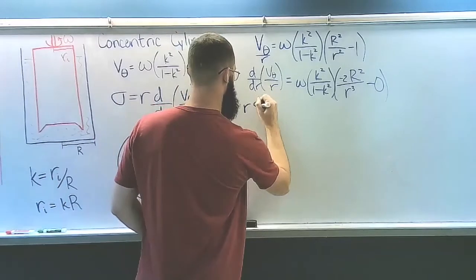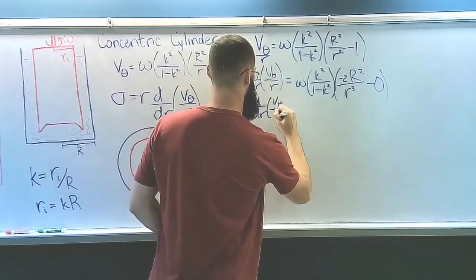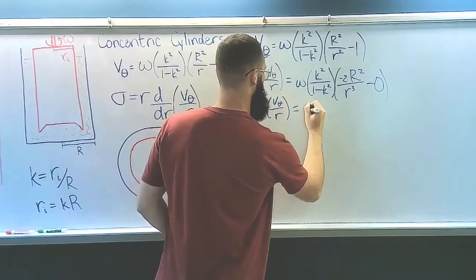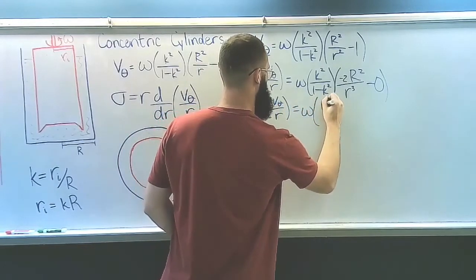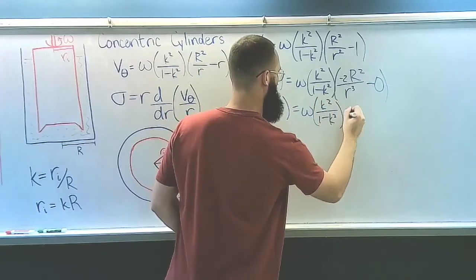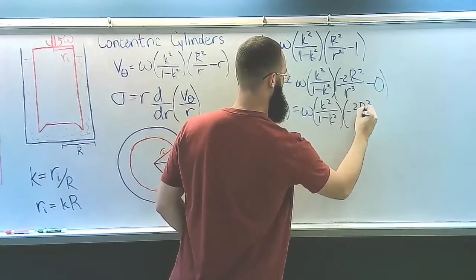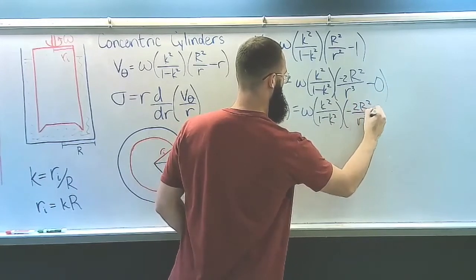Let's do that. r d over dr of v theta over r is equal to omega k squared over 1 minus k squared times negative 2 big R squared over little r squared.